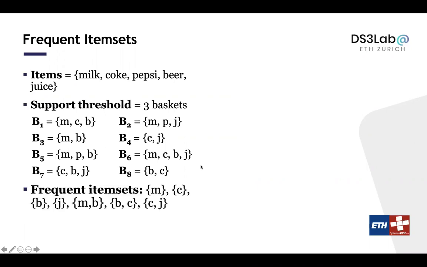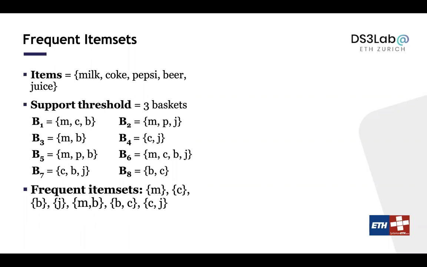So what are the frequent item sets here? It's actually very easy to see. There are item sets that contain only 1 item. For example, milk appears in B1, B2, B3, B5, B6. So the support of the milk item set equals 5. It's larger than 3, so it's a frequent item set in this context.